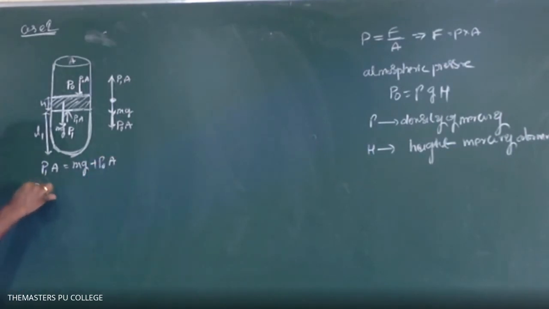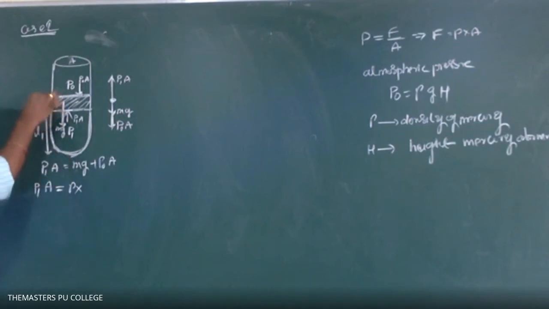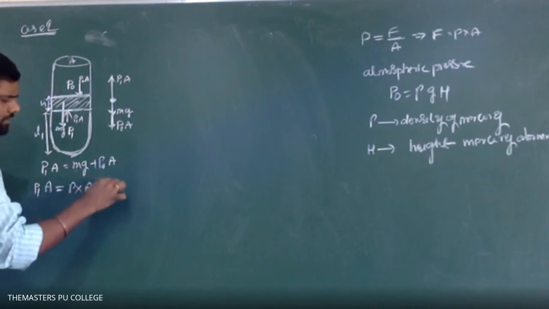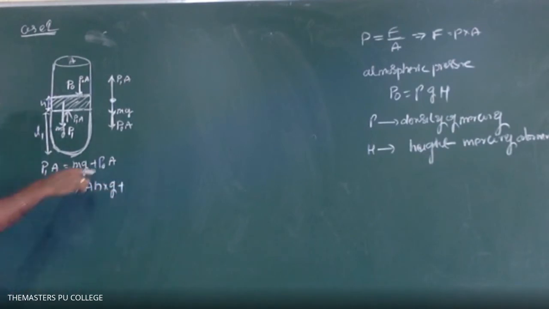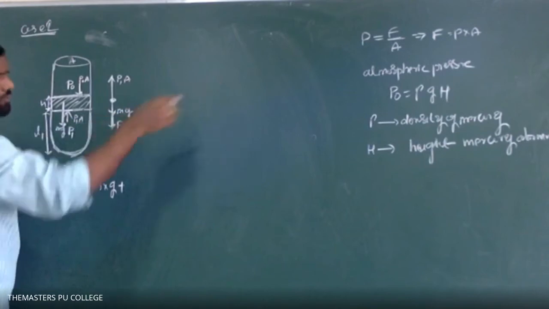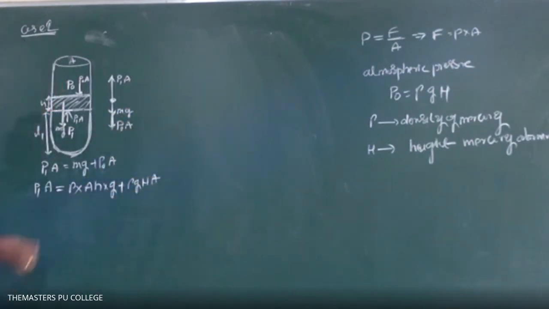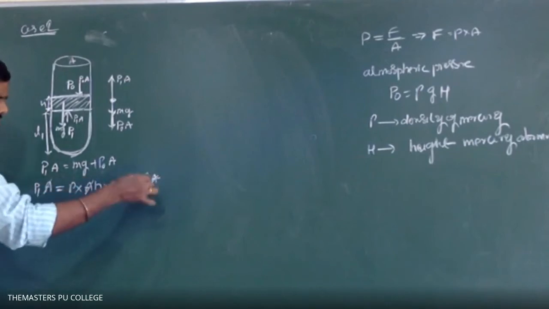So P1A equals, mass can be written as what? Mass is equal to density into volume. Density into volume means density into area into length. So what is the length of the mercury column? H. Now I can write A H rho G plus P naught, which we already got as rho G H into A. So A is common among all the terms, it gets cancelled.